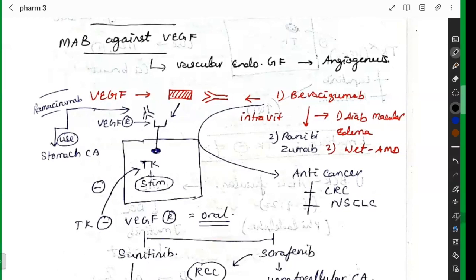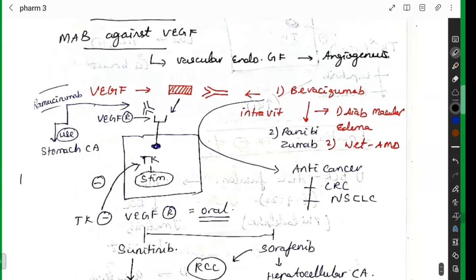The first one is the receptor inhibitor, which is ramucirumab. Ramucirumab is a drug which is going to inhibit your vascular endothelial growth factor receptor.